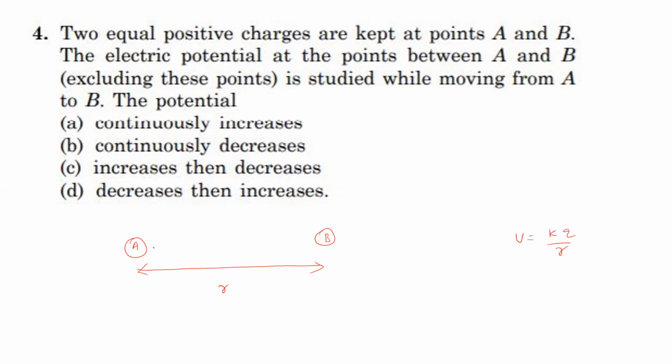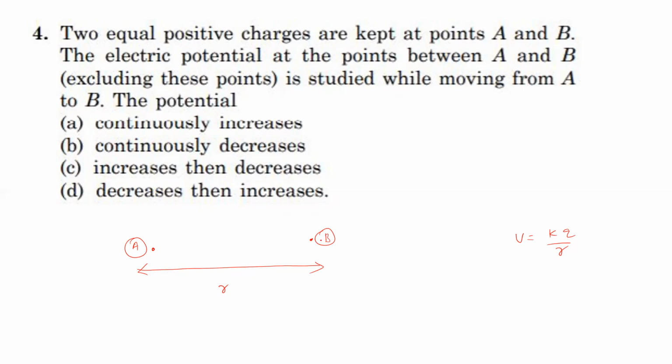Let us take a point very near to A. If we take a point very near to A, R tends to 0, so the potential very near to point A will be infinity. And if you take a point near to B, at this point the potential will also be infinity, because R is almost 0.